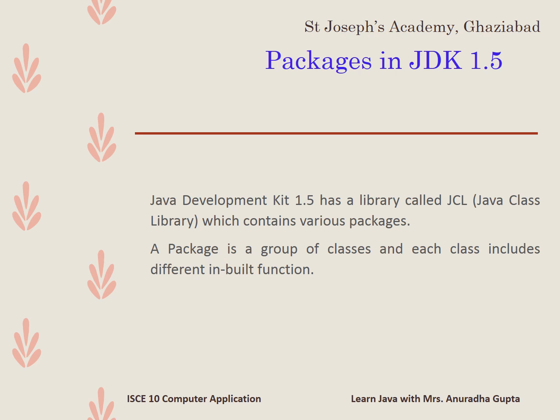Now, what is a package? A package is a group of classes. What is a class? Here each class includes different inbuilt functions. When we need any inbuilt function in our program, it means we need to include that package in our program.